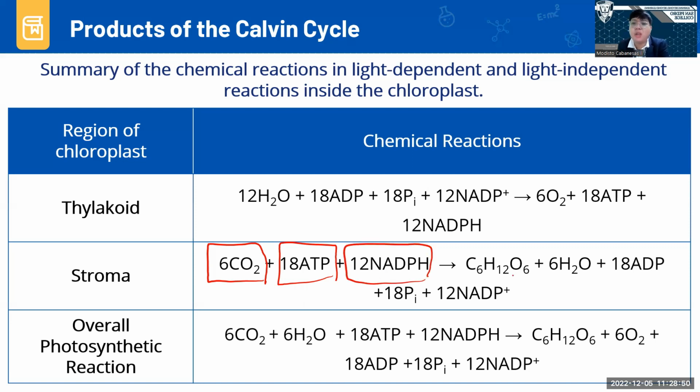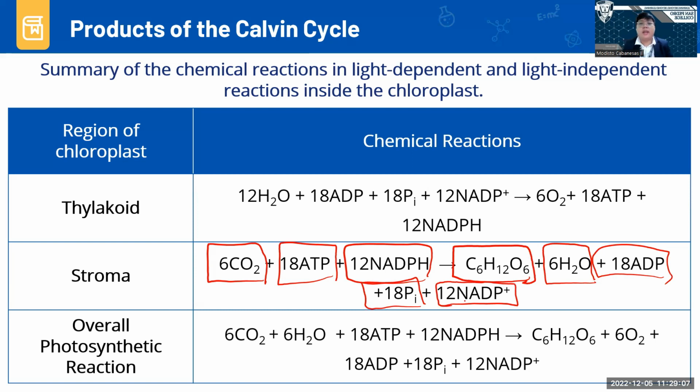Yan. So we have now this as our byproduct. Yan. ADP, phosphate ions, NADP+. So those are our products sa stroma and the overall photosynthetic reaction.